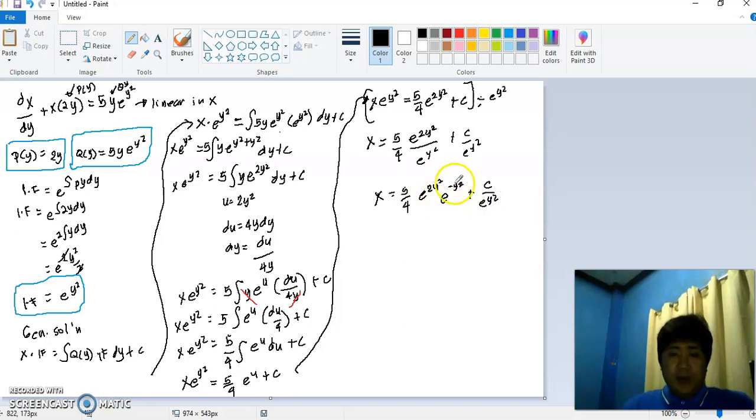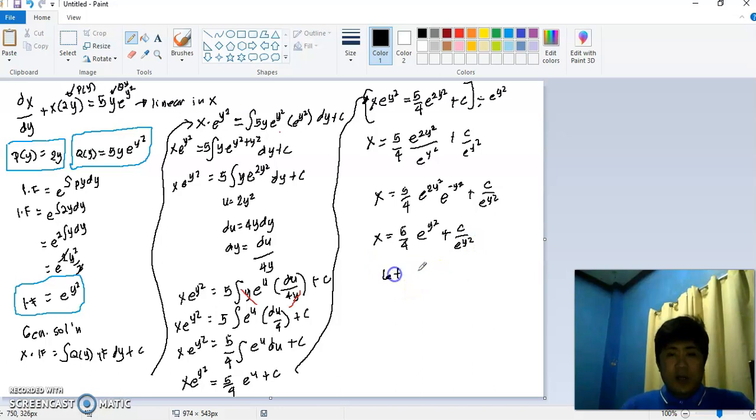So here you just simply combine: x equals 5 over 4 e to the power of 2y squared minus y squared, that is only y squared, plus c over e to the y squared.